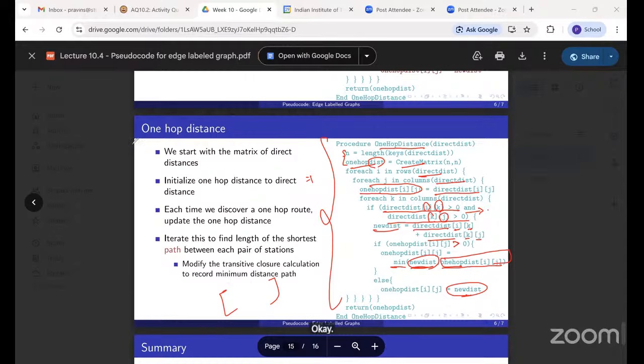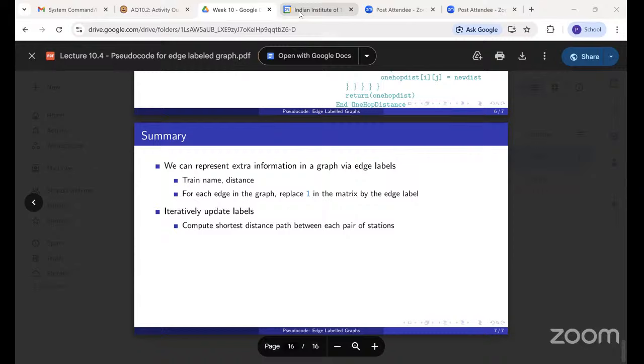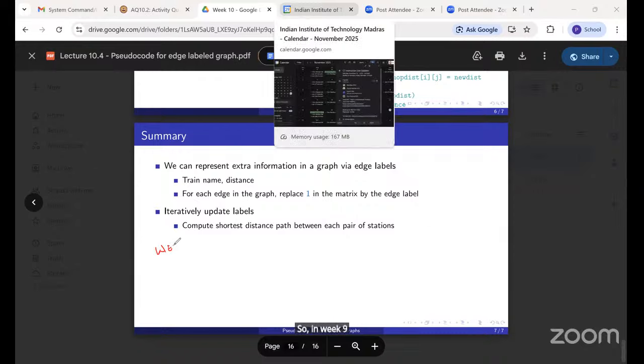Then I think that's all in week 10. I'll just briefly summarize what we have seen. In week 9, we saw how to create matrices. It is the major thing which we have studied.